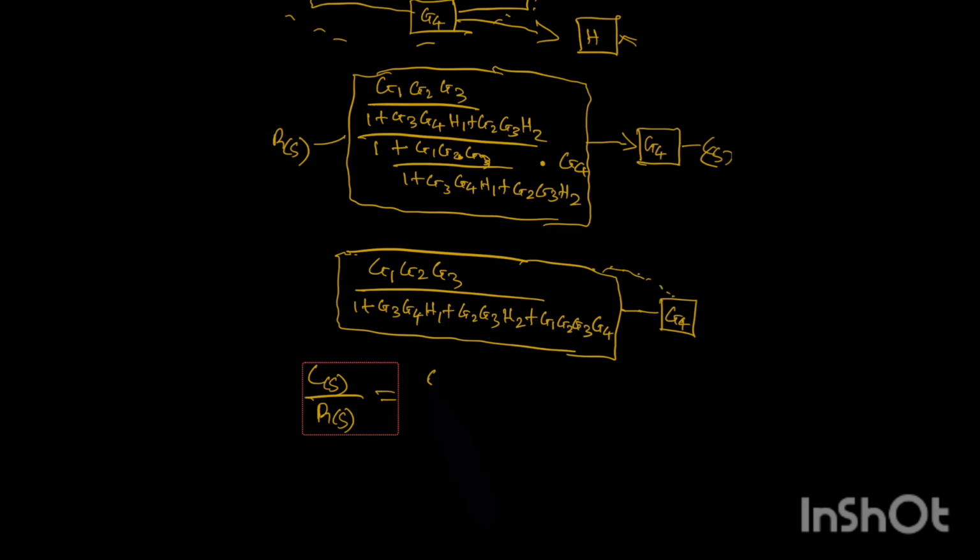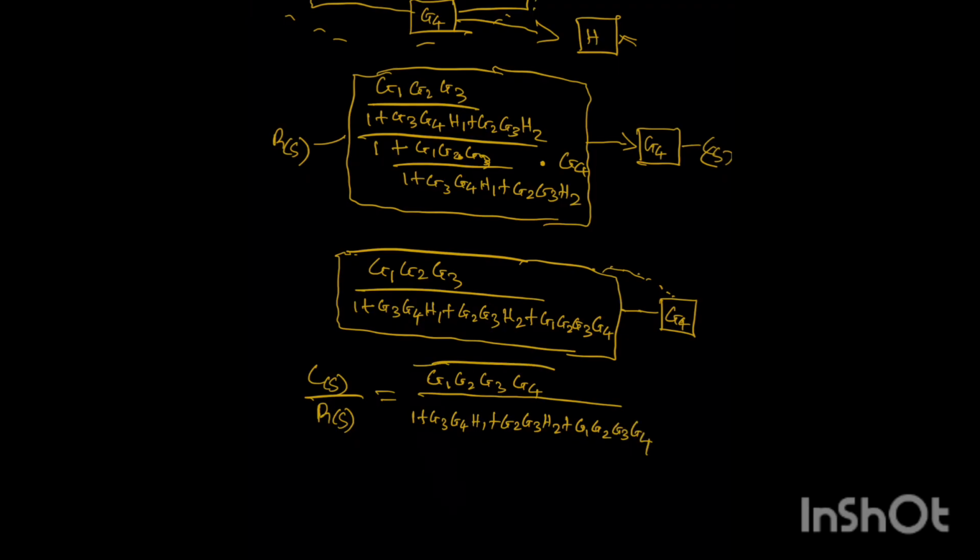So we'll be having G1, G2, G3, G4 all over 1 plus G3, G4, H1 plus G2, G3, H2 plus G1, G2, G3, G4. So this will be the transfer function of the system.